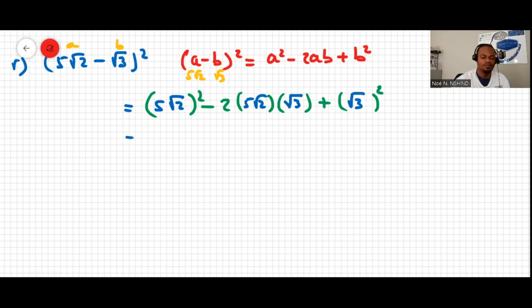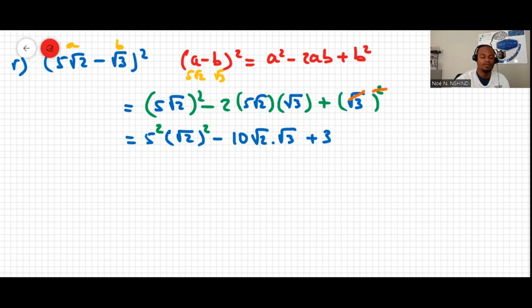Now we can simplify. Note that the power of 2 here is for both 5 and root 2. So this is like saying 5, and then I can just put another bracket there. So it's going to be like 5 squared and then root 2 squared, minus here we can times 2 and 5, that makes 10, and then we have root 2 times root 3, plus there we can simplify the power of 2 with the square roots, so it's just equal to 3.